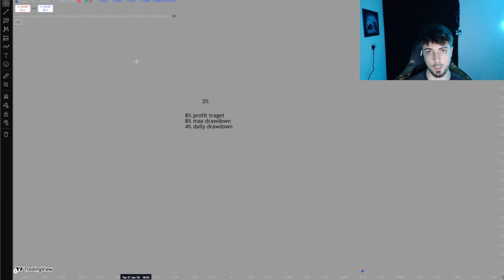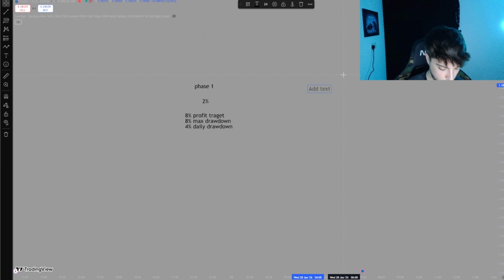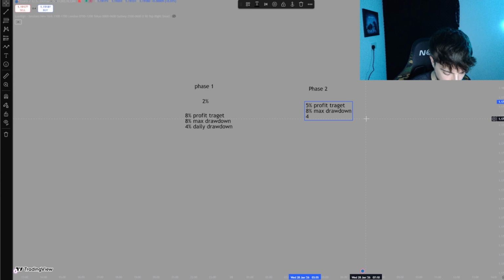And then when we're on to phase 2, so this is phase 1, let's say. With evaluations, there is normally 2 phases, unless you get a phase 1 account, but I like to get phase 2 accounts. So phase 2 will usually be a 5% profit target, and then it's still an 8% max drawdown, and still a 4% daily drawdown.